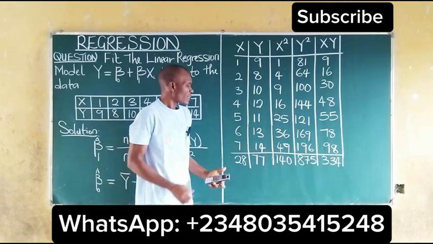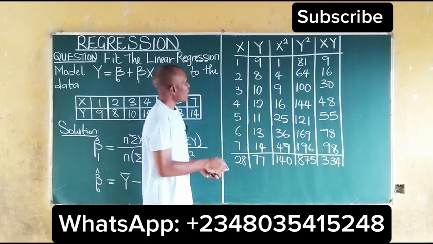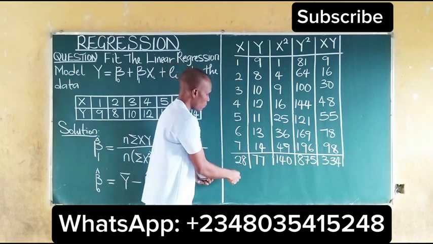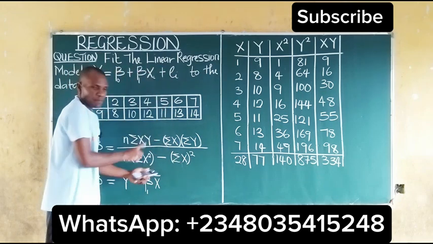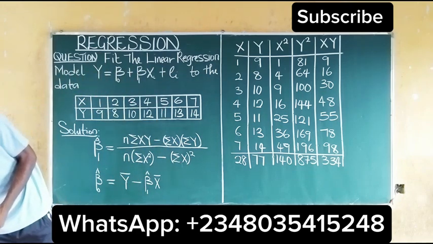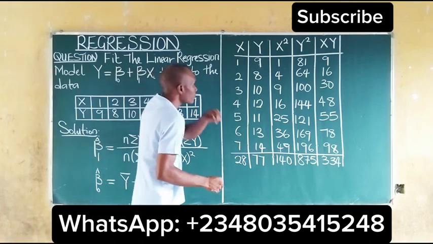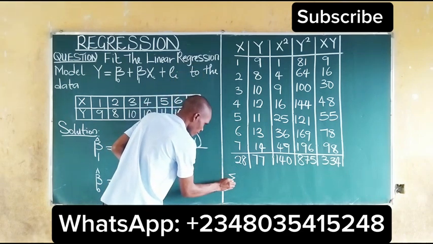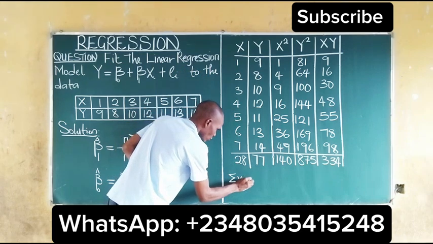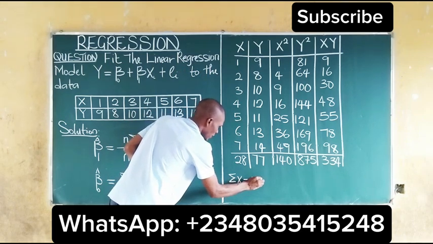The next thing to do is to now write, since we have the sum, we'll have to write it out properly so that we can easily fit it into this place. Summation of x is equal to 28.